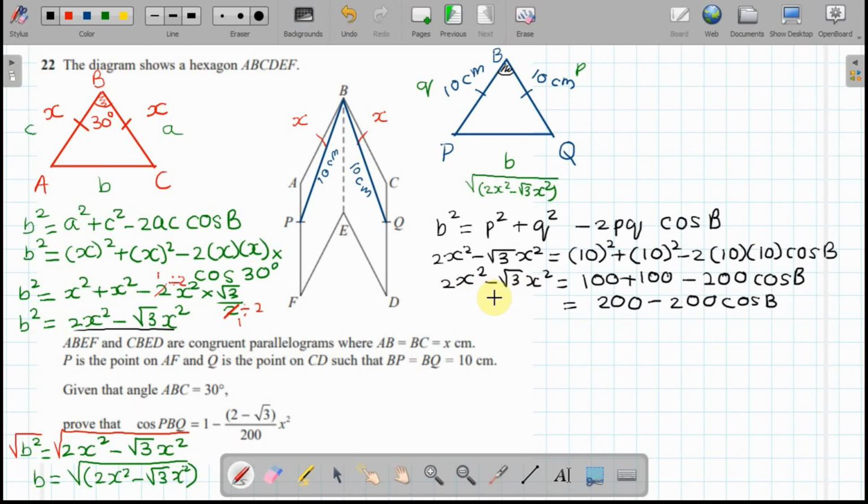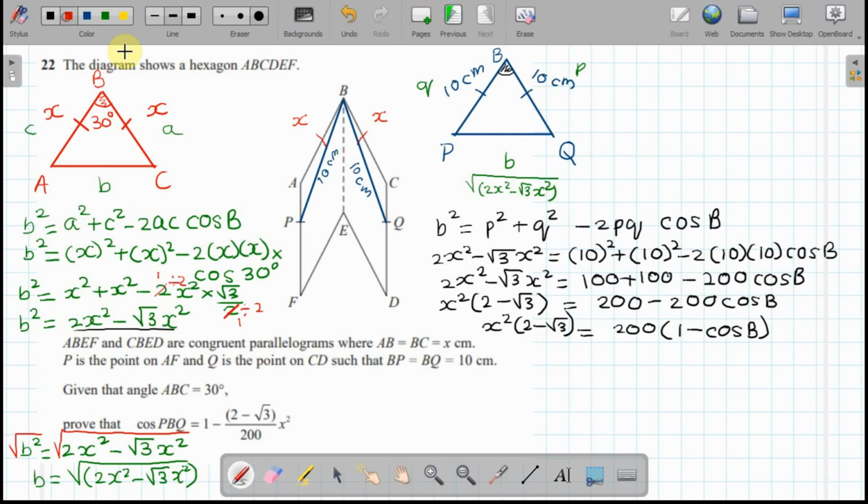I'm going to factorize the left hand side as well. That's going to be x squared bracket 2 minus root 3. Okay, I'm going to factorize on the right hand side. That'll give me 1 minus cos b is equal to x squared times 2 minus root 3.